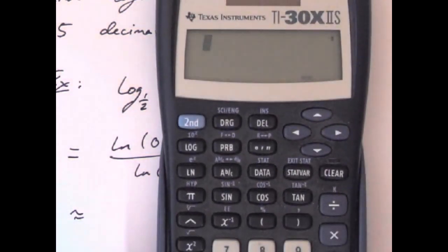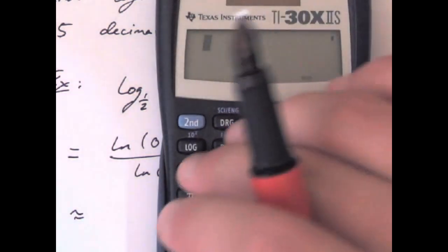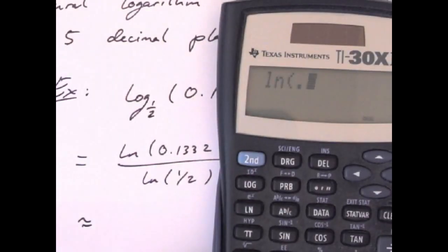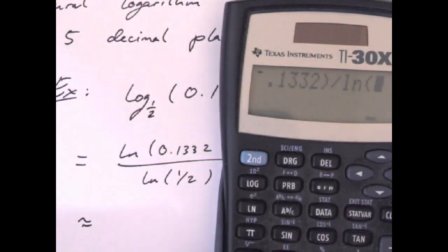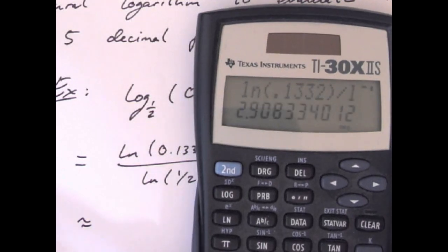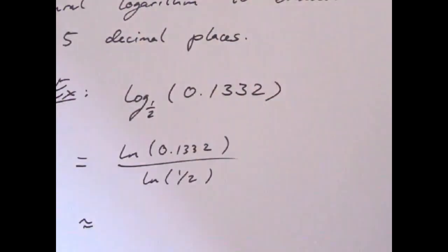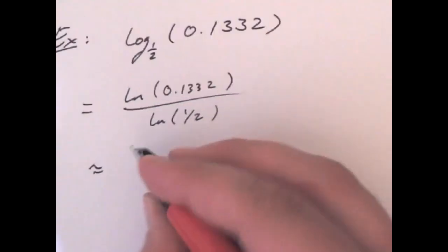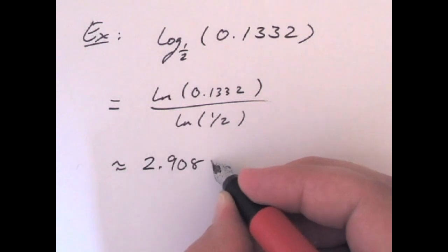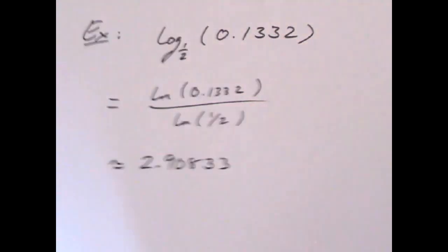Okay, so then you just turn it on, and you just type in ln 0.1332 divided by ln 1/2, you don't have to do it in 2 steps, you can do it all in one, and you just press enter, and voila, you get an answer: 2.90833. And if I want this to 5 decimal places, then that's going to be 2.90833.